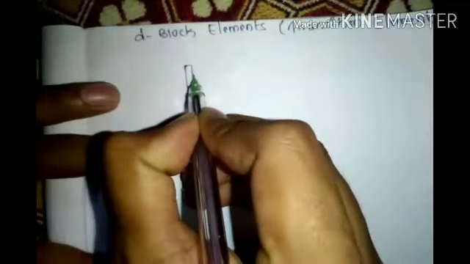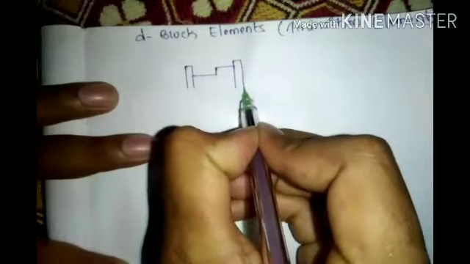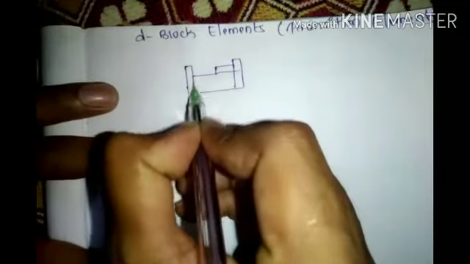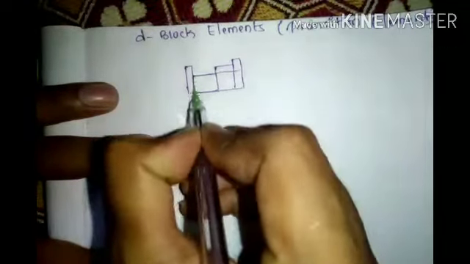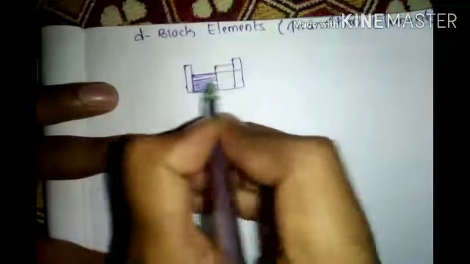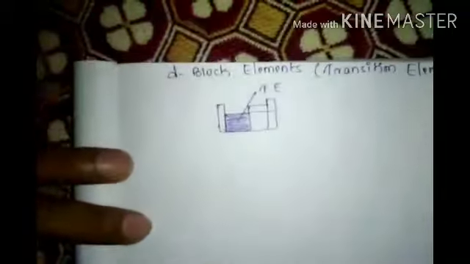This is transition metals, we will call them transition metals. In the periodic table, these all are presented here. These are the transition elements.